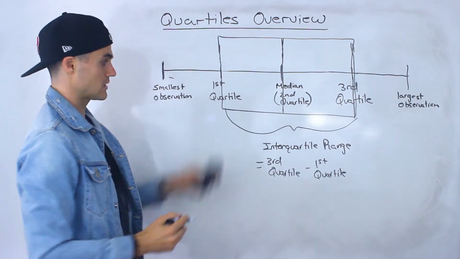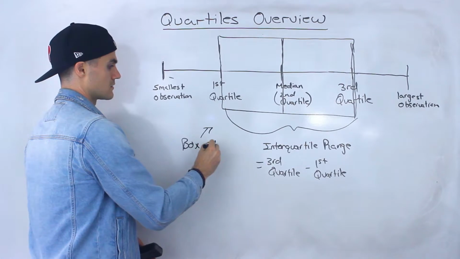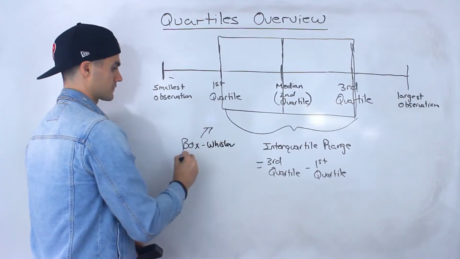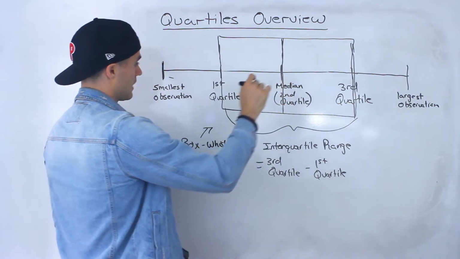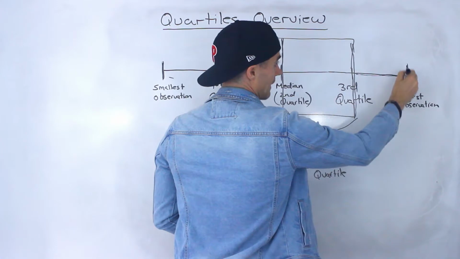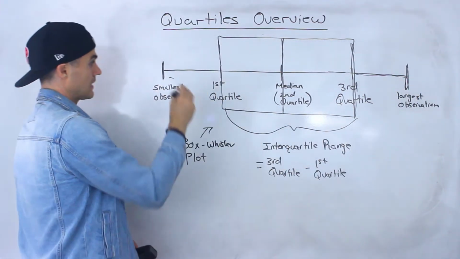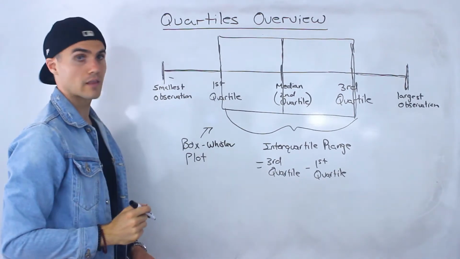And that right there is a box whisker plot. The box is here in the middle, and the whiskers are these lines sticking out, with the largest observation at the end, and the smallest observation at the end on the left there.